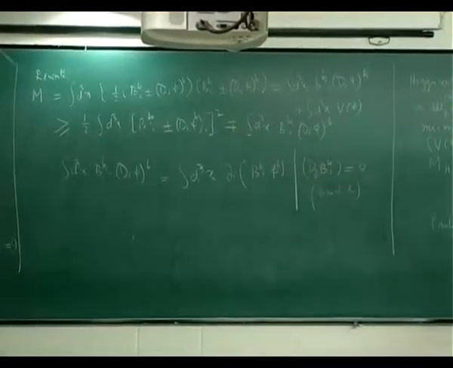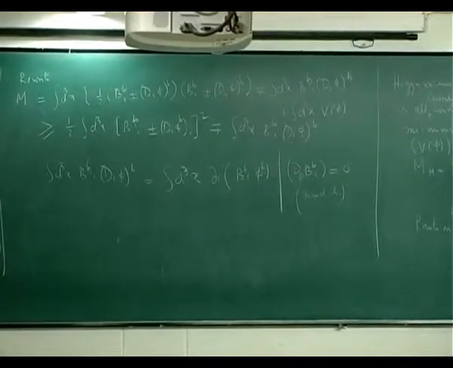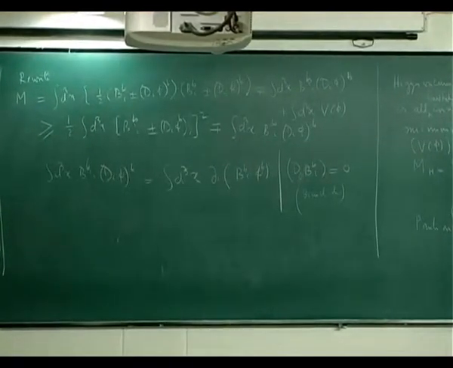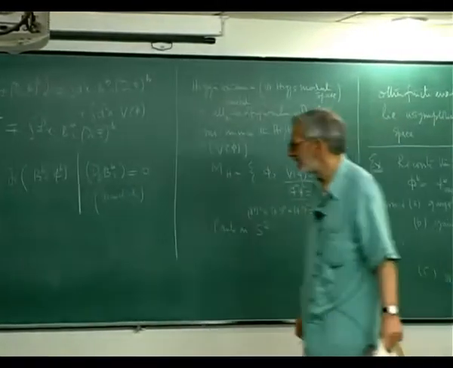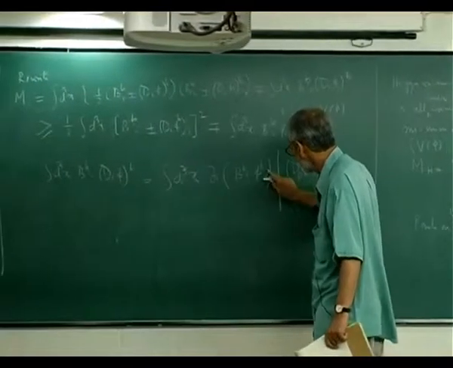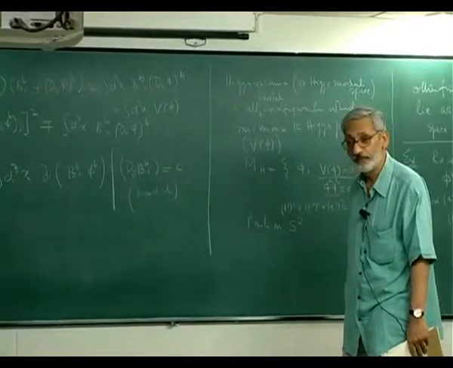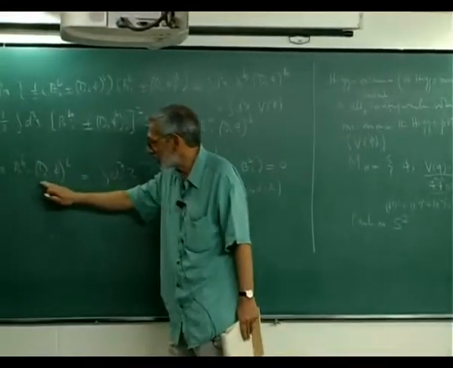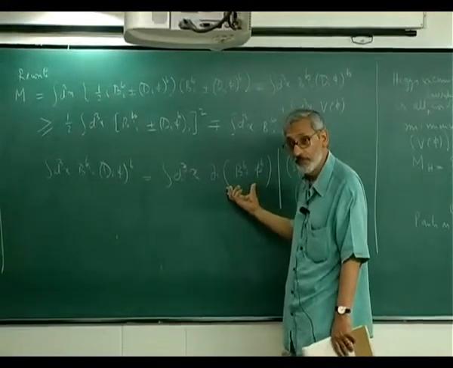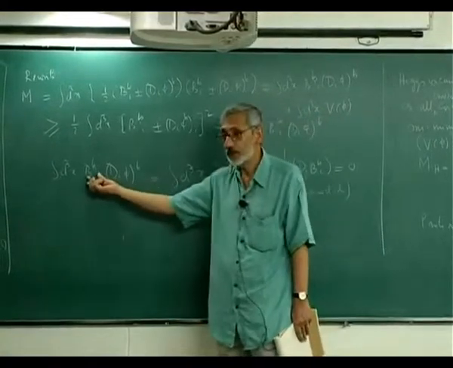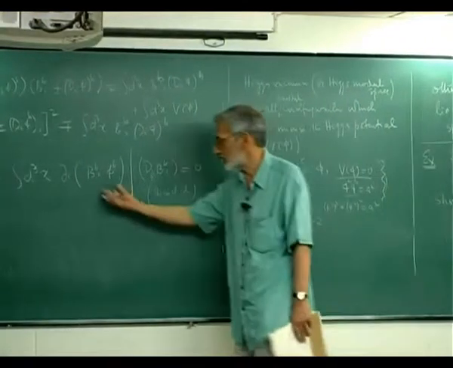This guy is not letting me off the hook. Is that clear? This object I can rewrite by partial integration as a total derivative and a covariant derivative on B, and the covariant derivative on B is 0. So that's what this is.